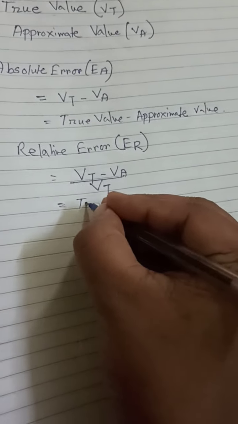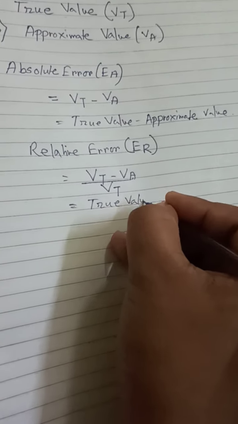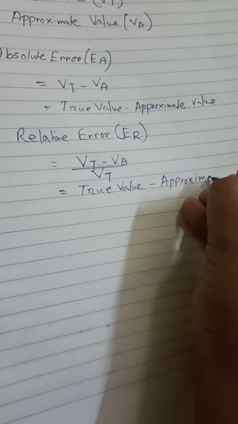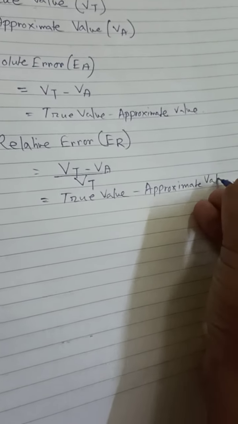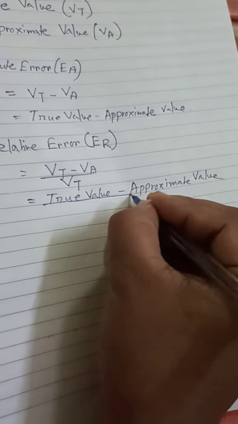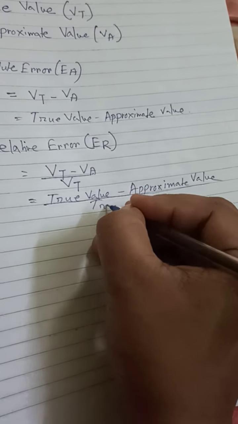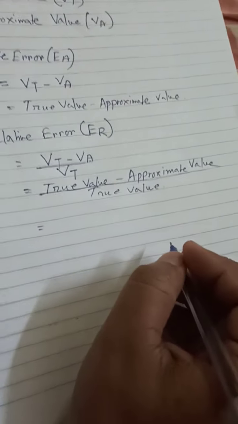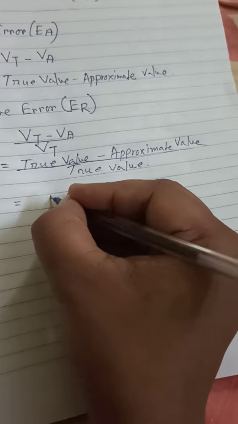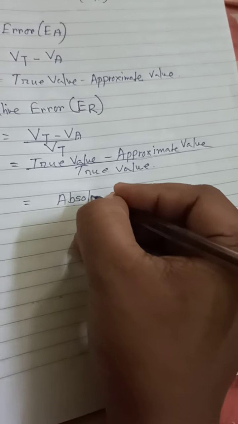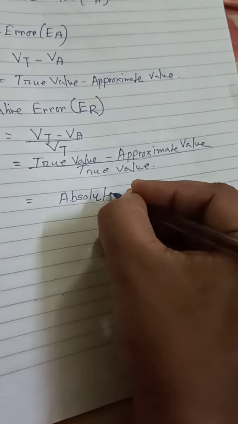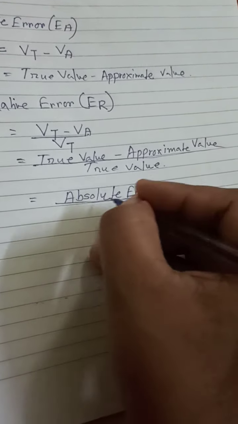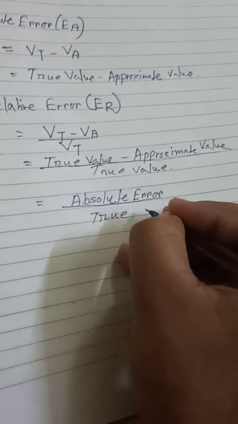True value minus approximate value by true value. Or another way we can say, absolute error divided by true value.